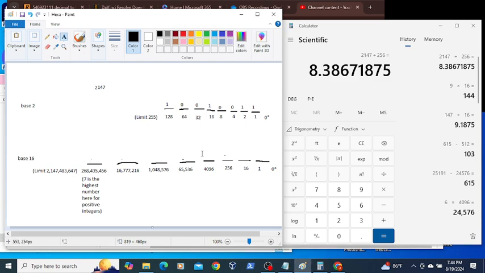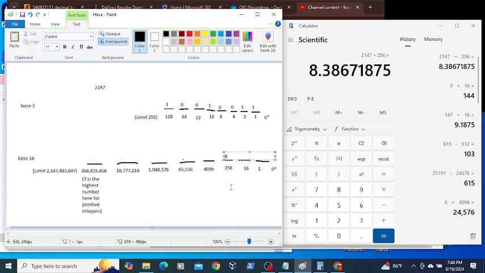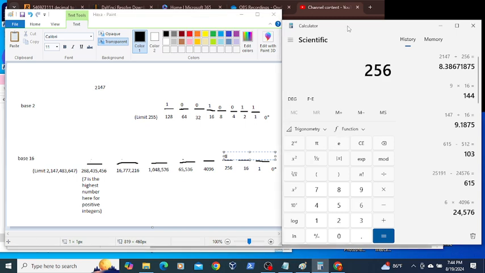It's well over 8, too. 8. 256 times 8 is 2,048. 2147 minus 2,048, and you're working with 99. 16 goes into 99 6 times.